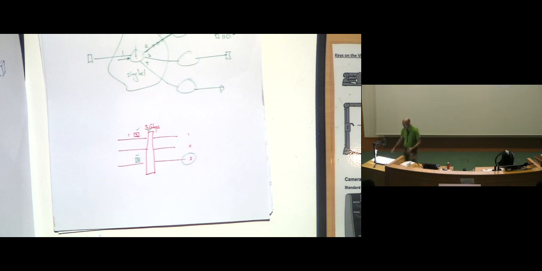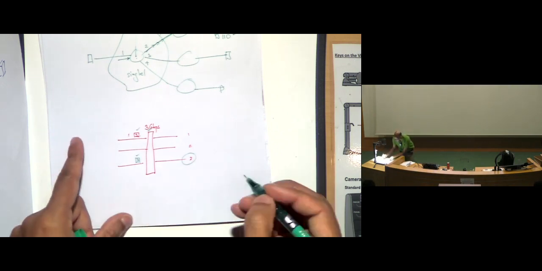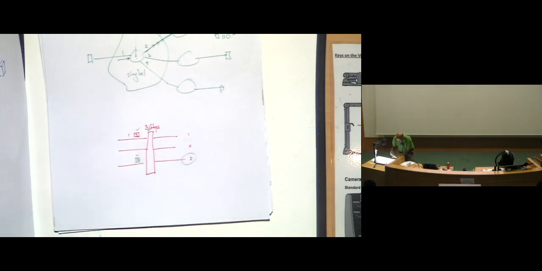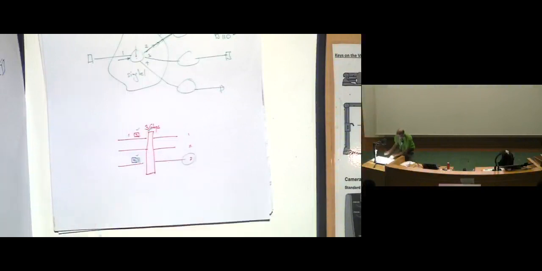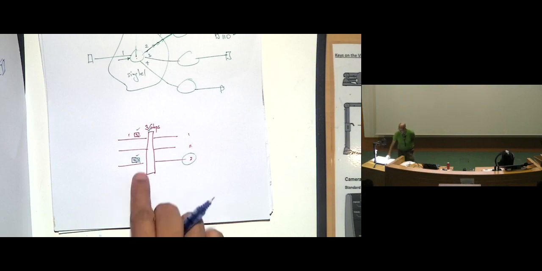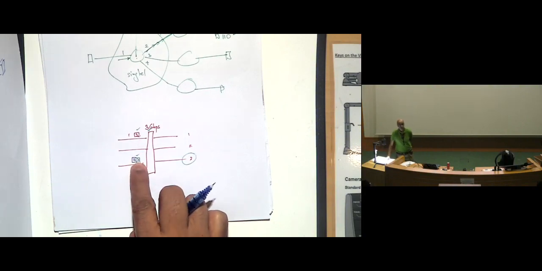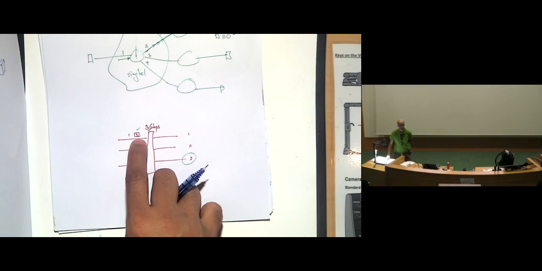Another thing could be that, let's say there is already a queue built up. The next packet here, just behind it, wants to go to 2. But the first packet in this particular queue wants to go to 3. Here also it wants to go to 3.